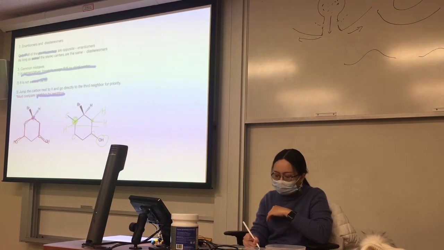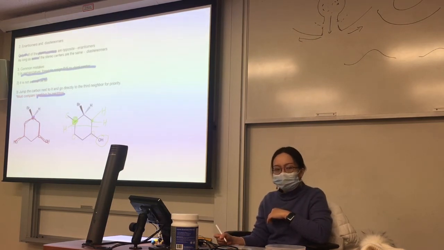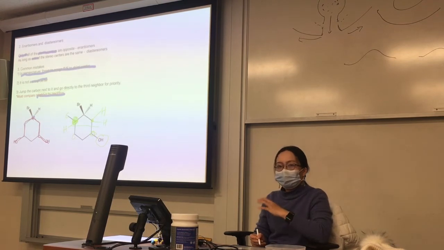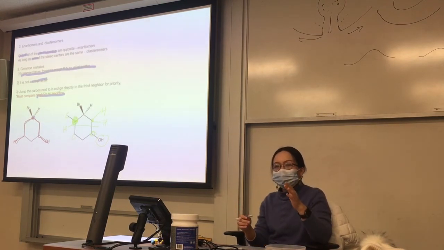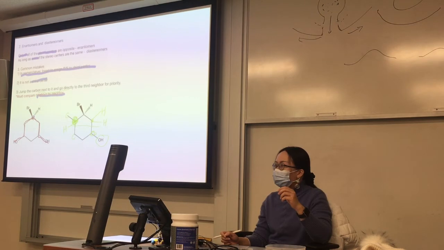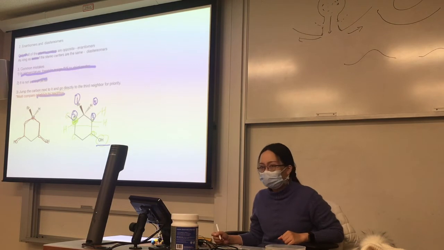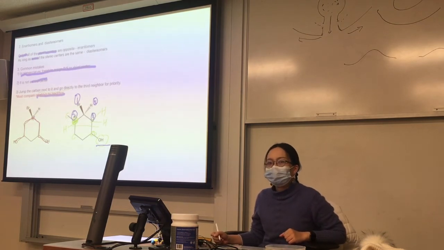This carbon already wins. The mistake is to jump past the carbon next to it and go directly to the third neighbor for priority. No, whenever there is a difference, the game is over. So in our case, this is number 1, this is number 2, this is number 3, this is number 4, although number 3 has a hydroxyl group. Make sense?